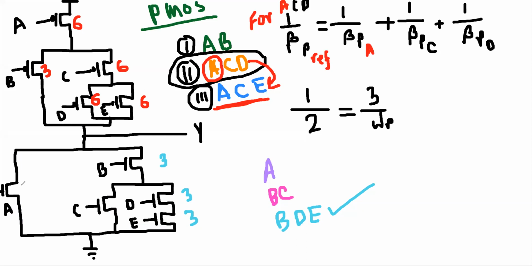This is your final answer. Maybe this one will be 1.5, I forgot. So this diagram will be your final answer. A6, B3, C2, D36, E6, like that.